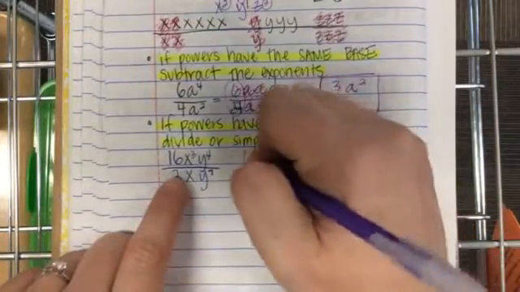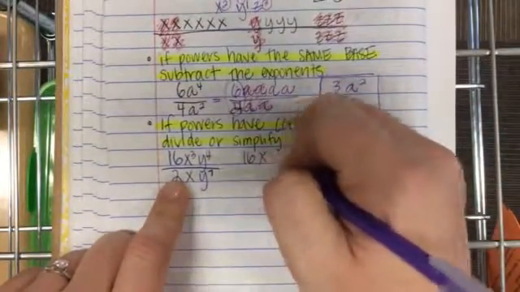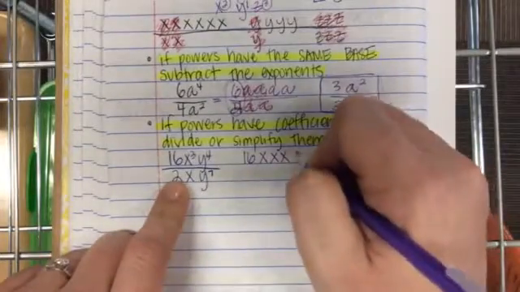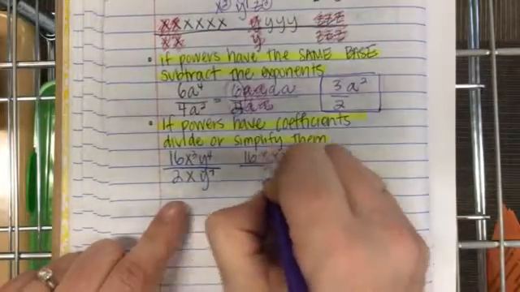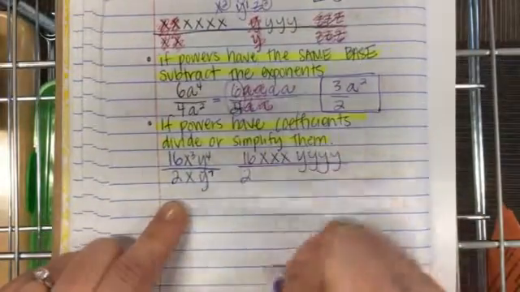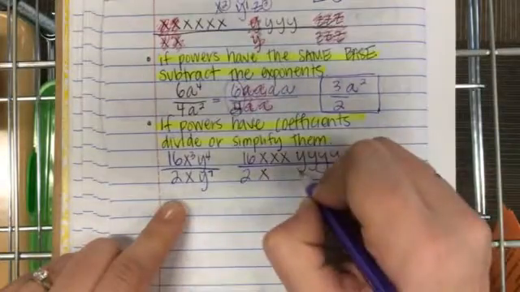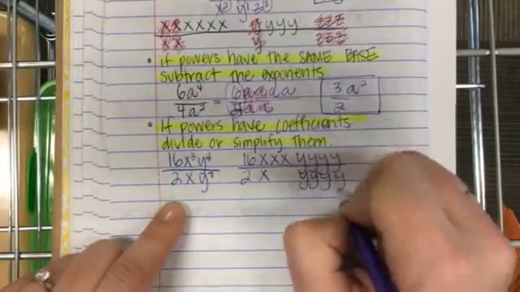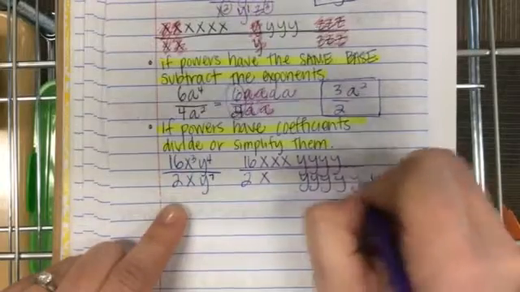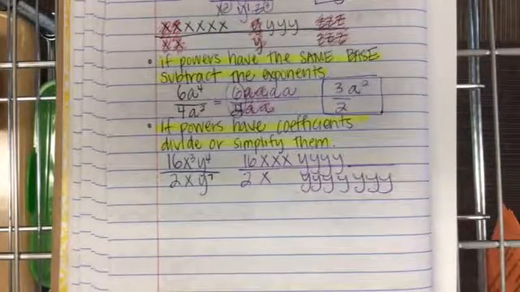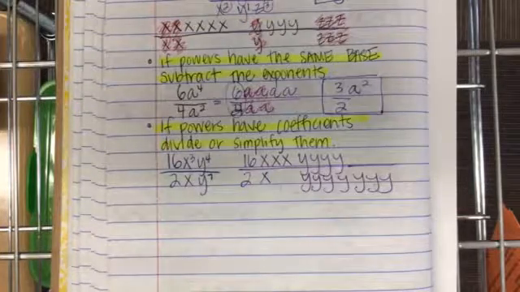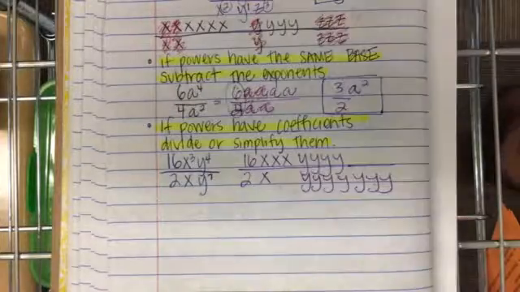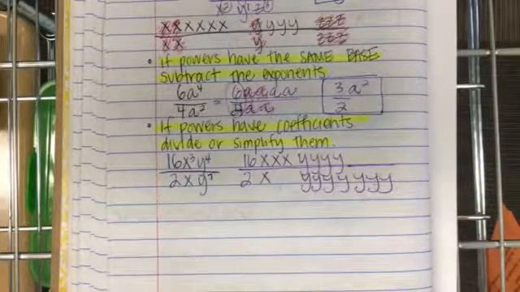So 16 x x x y y y y over 2 x y y y y y y y. Is that correct? Did I do it right? Yeah. So when in doubt, write it out, especially since this is a new type of problem, so that we can see it as it happens.